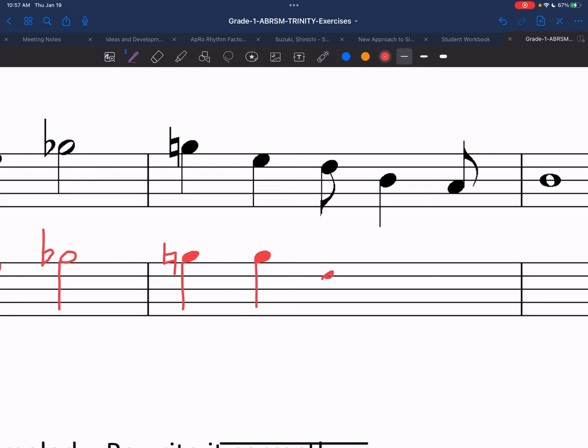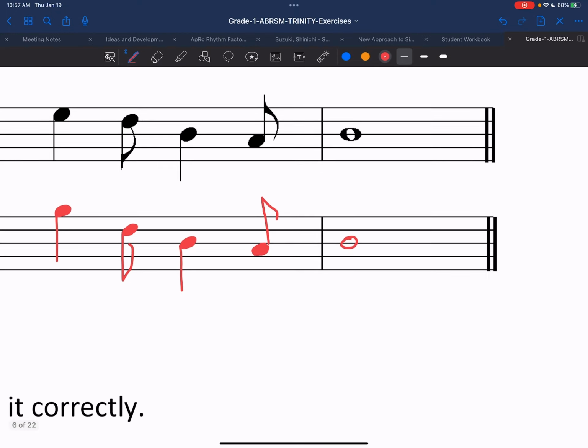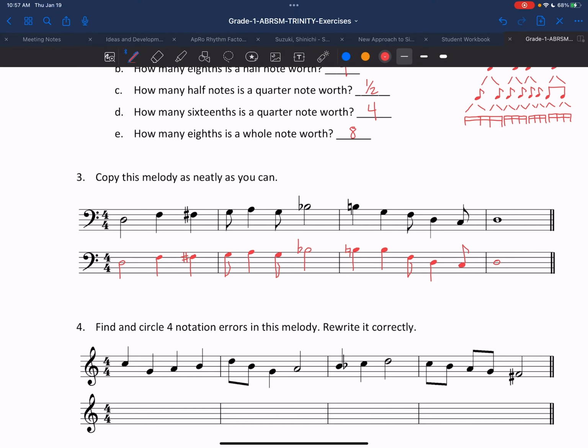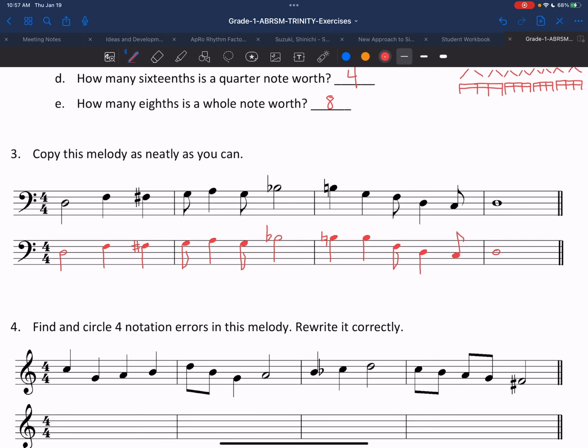Then keep going. And finally ending with a whole note. So again, your goal is to make this as neatly as you possibly can, trying to make sure that it looks almost the same as the top line melody.